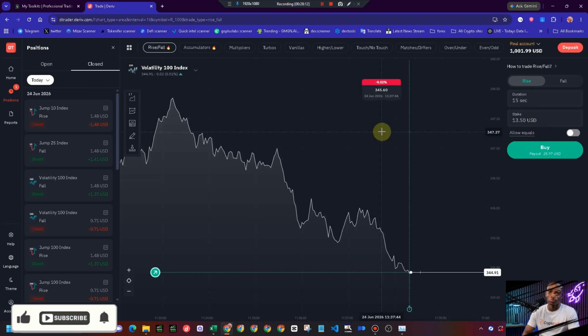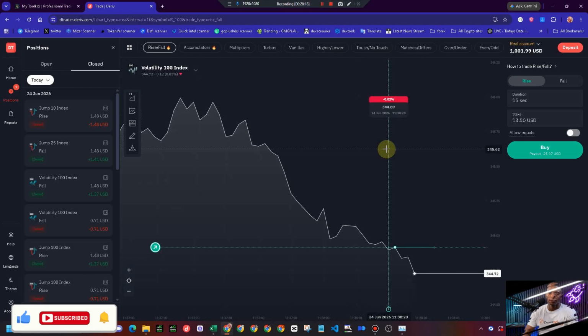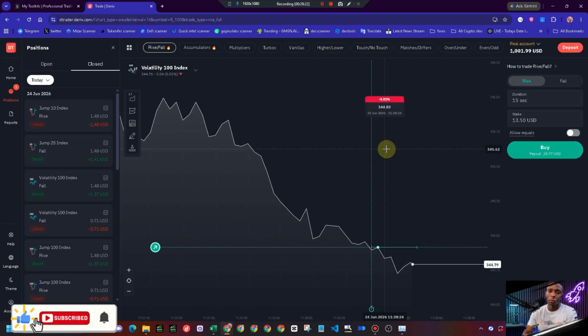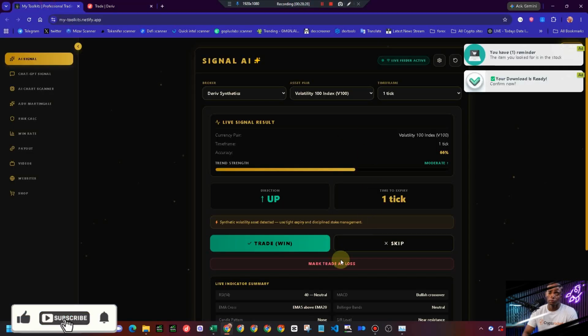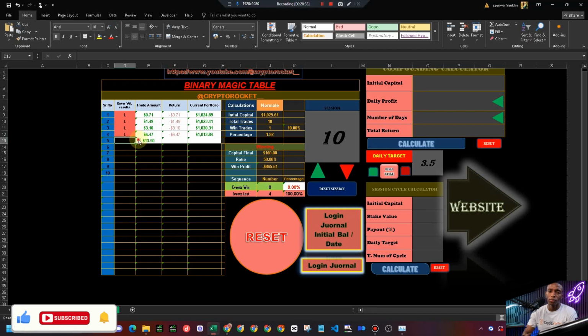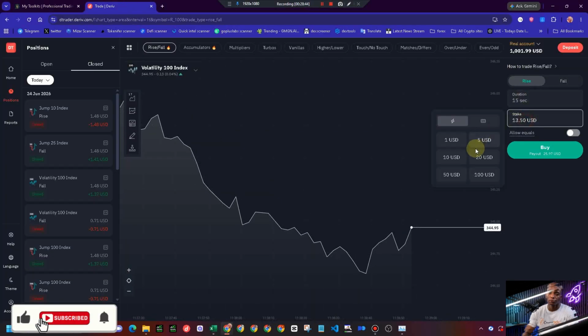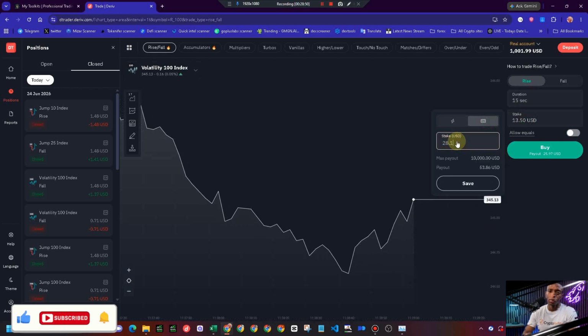Alright, so I've entered buy signal, and let's see. We lost this one, and this is lost. We have 28.18.